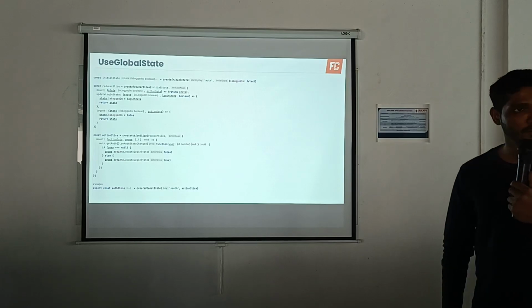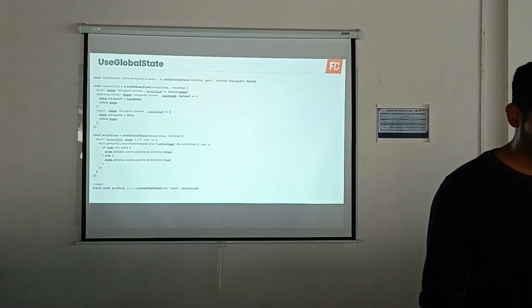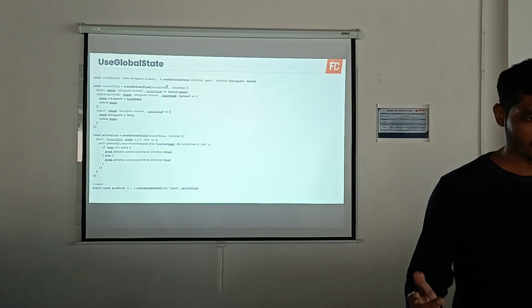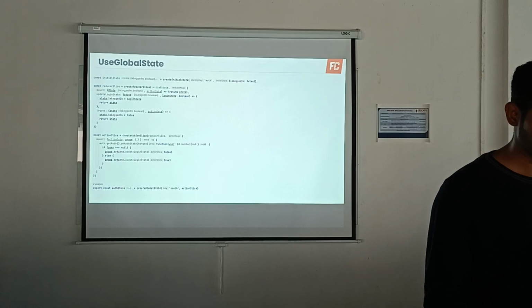So the first part is very much the same. We are creating an authentication store here. So we have create initial state, we have the reducer slice, and we have the action slice.